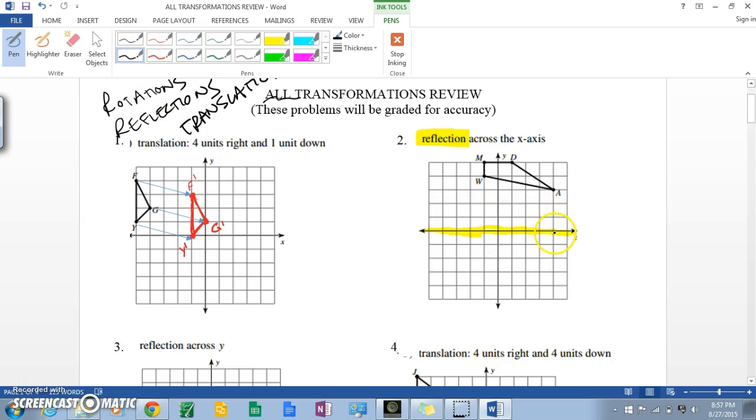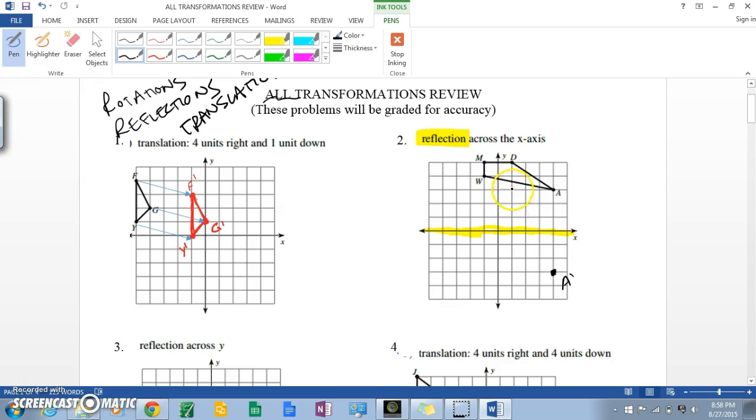We count from the line of reflection to each one of the points. From the line of reflection to A, 1, 2, 3, 1, 2, 3. Like in the previous example, this is A prime. Now, some of us want to just drag this whole shape down, but we can't. You have to count from the line of reflection to each one of the points. The distance has to be the same.